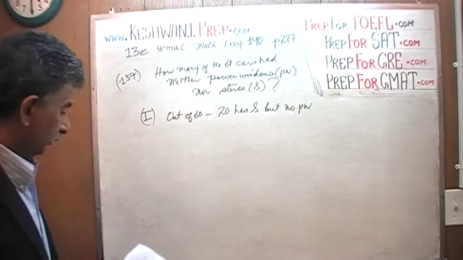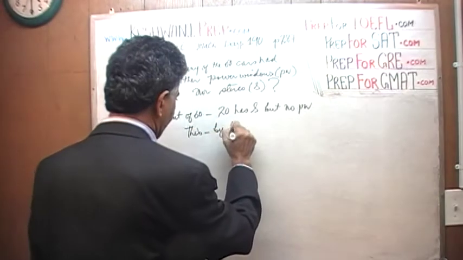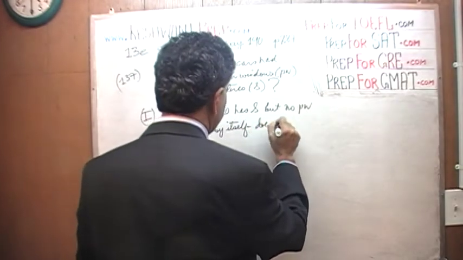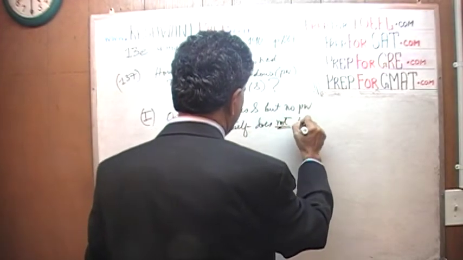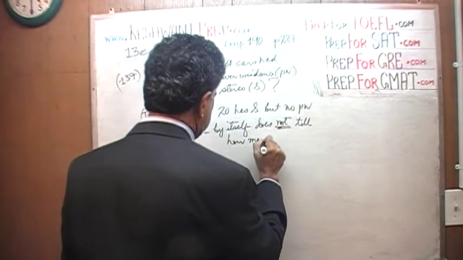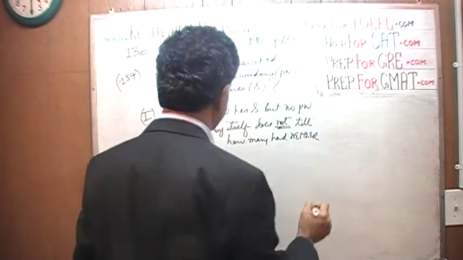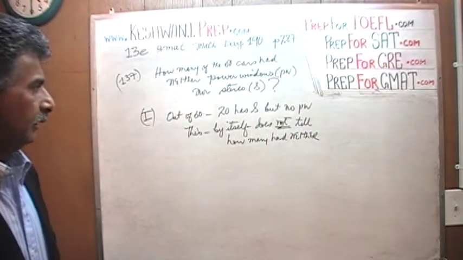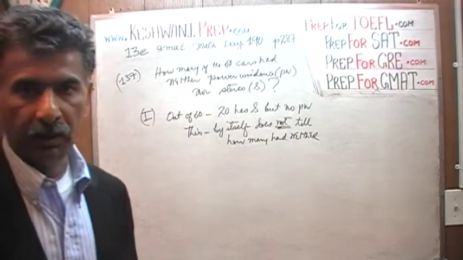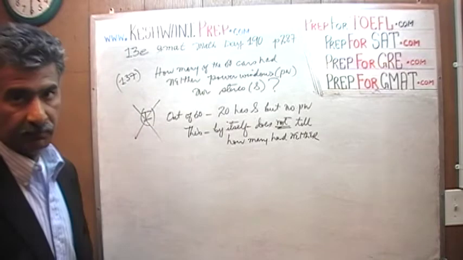No. This by itself does not tell us how many had neither. All we know is that 20 had stereo but no power window. There's no way to figure out how many had neither. The first statement by itself is not sufficient.